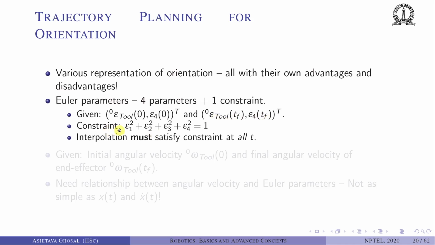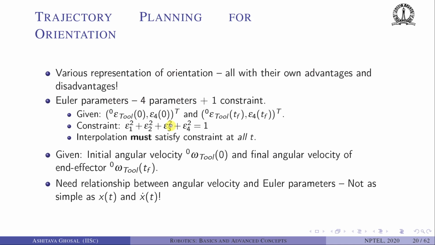So we have to ensure that epsilon 1 squared plus epsilon 2 squared plus epsilon 3 squared plus epsilon 4 squared is always 1. And this interpolation must satisfy this constraint at all times t. So what do we do? What is given? We are given some initial and final Euler parameters. We are also given initial and final angular velocity of the end effector.